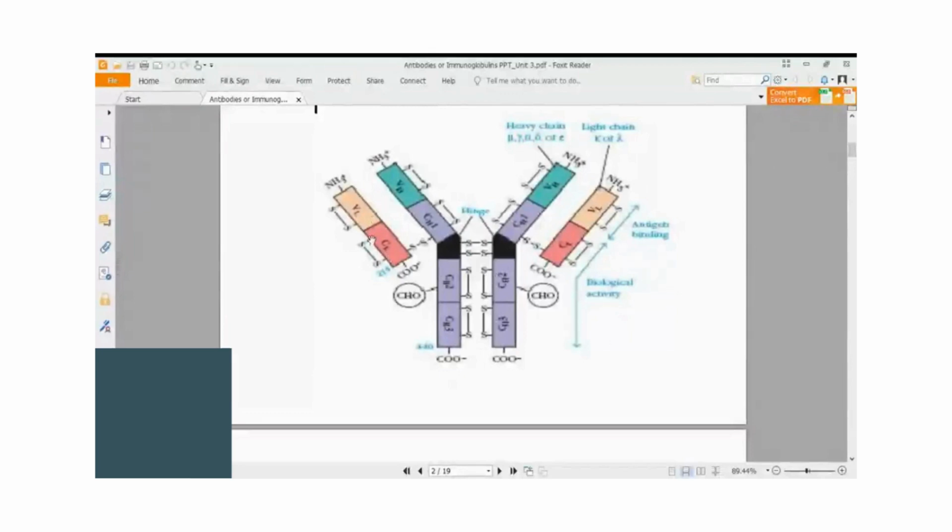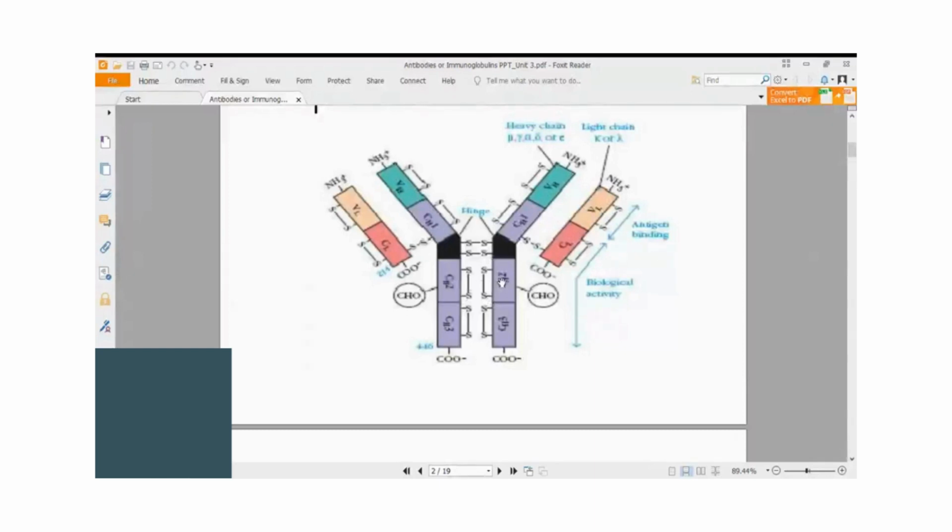And the light chain, shown in dark orange and light creamish color, has 25,000 molecular weight. A pair of light chains are identical to each other, and a pair of heavy chains are identical to each other. That means they have come from one gene product. Heavy chain comes from one gene product, and you won't believe that it comes from chromosome number 14 in human beings.